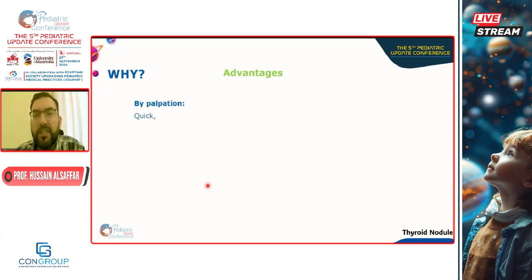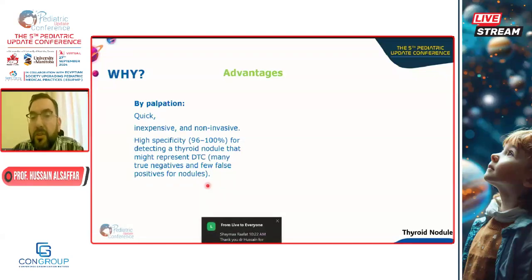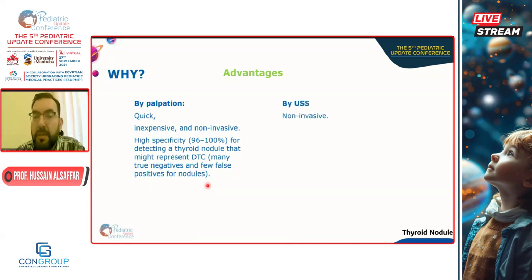The advantages of palpation surveillance: it's quick, inexpensive, non-invasive, with high specificity, up to 96 to 100% for detecting thyroid nodules, especially large nodules we're talking about. That means many true negatives and few false positives for nodules. Whereas ultrasound has some advantages as well.